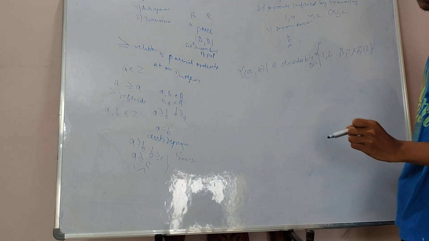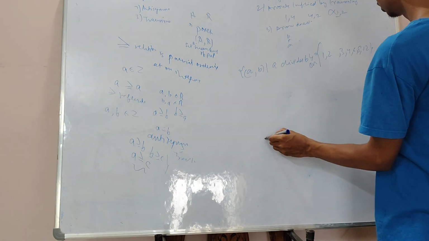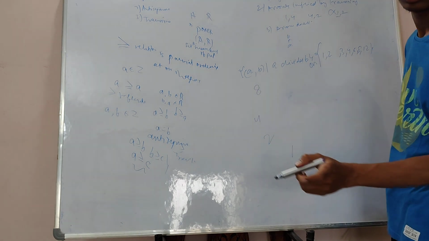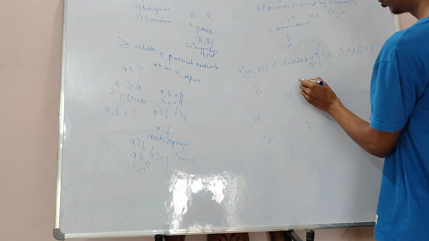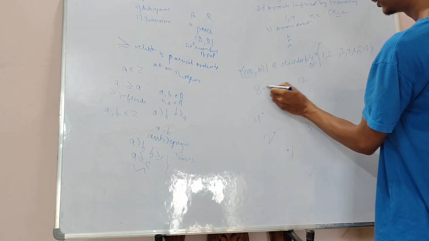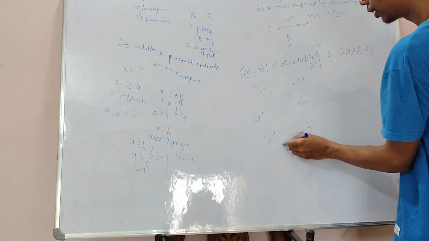So what I will do, I can make it like this: 1, 2, 4, 8, and then 3, 6, 12. I can make it like this, and I can give arrows.